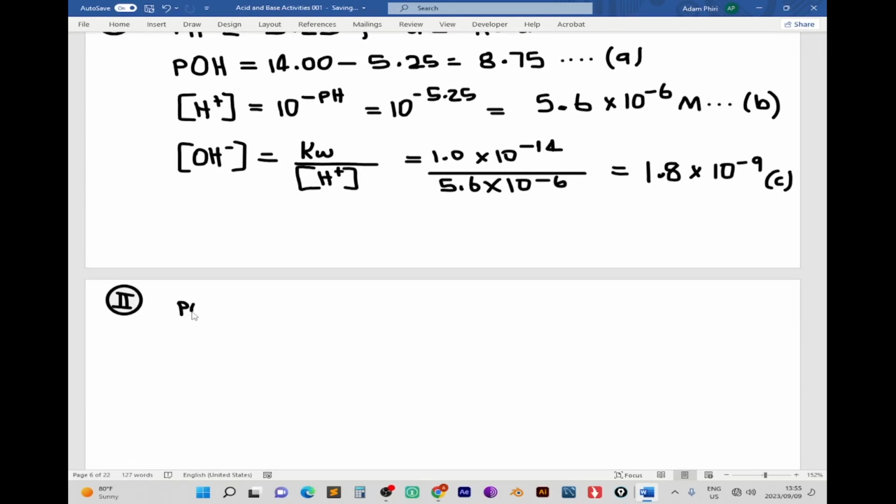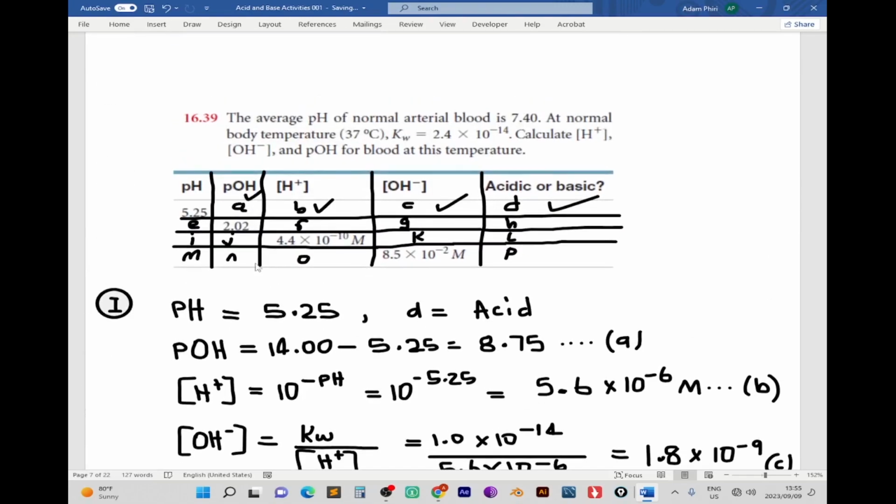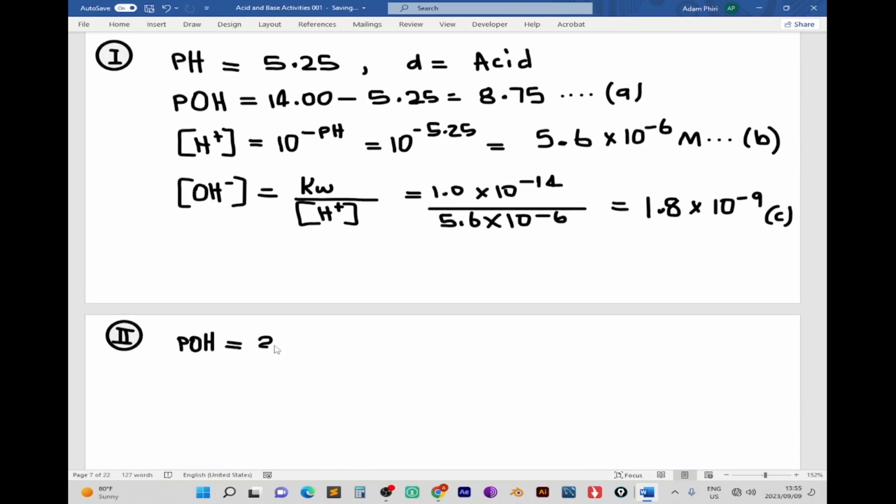So it's filled up, and then pH, that's what we are given, is 2.02. So 2.02, that is the second row. So we are on the second row now. Then we need to find pOH in this case.